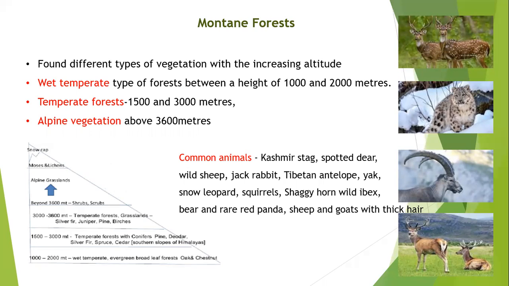However, the trees get progressively stunted as the snow line is reached. Snow line is the height above which there is a permanent cover of ice and snow. Below the snow line, alpine grasslands cover the area. Nomadic herders roam in these grasslands with their herds of cattle and sheep.